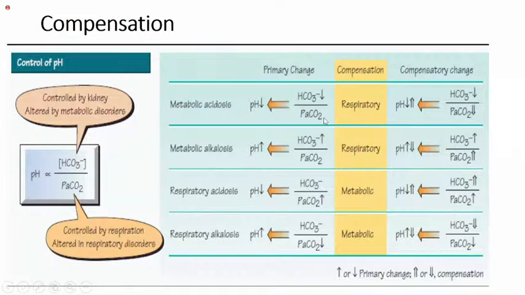That's just basic mathematics. So what happens with the lungs? If you've got a metabolic acidosis, the lungs try to help by blowing out more CO2. So the PCO2 also drops, and that tries to normalize your pH. We would say that you're having a respiratory compensation to a metabolic acidosis.